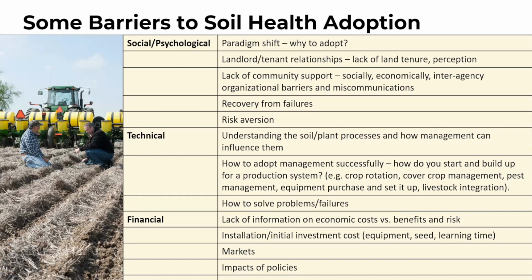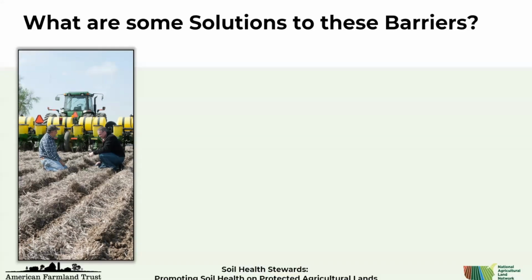These can be some pretty tricky things to figure out. And so often farmers need technical assistance to be able to get there. And then finally, financially, you know, often new equipment is involved, and Michelle and Ben will talk about some of the financial realities, so I won't get into the depths of that.